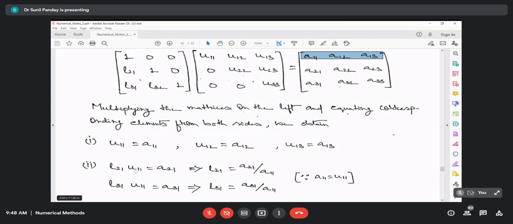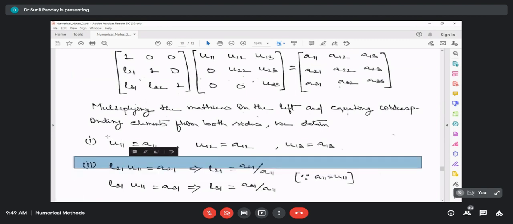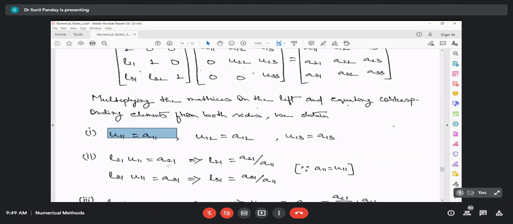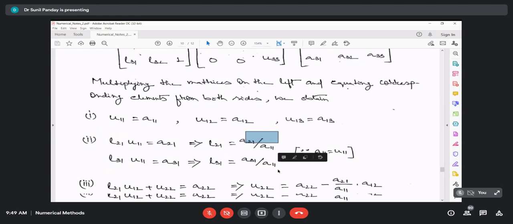Now to get the next value, L21, I multiply this row by this column. I will get L21 into U11 equals A21. Because U11 is already obtained in the previous step and A21 is known to us, L21 equals A21 upon A11.